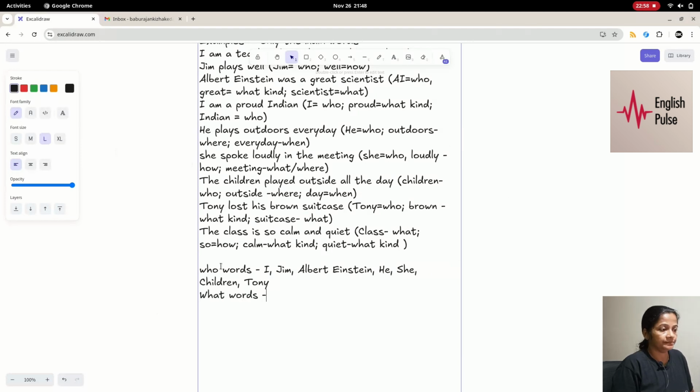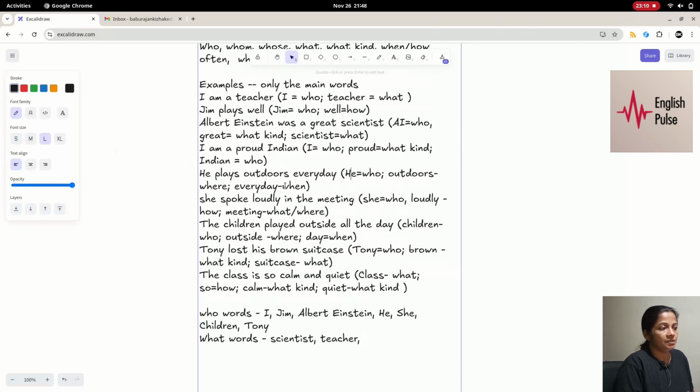Okay, then what words. What words are scientist, earlier we saw teacher, then meeting, then suitcase, class.